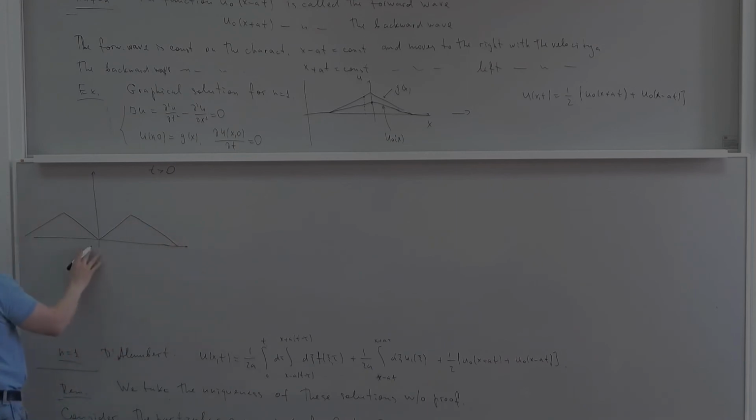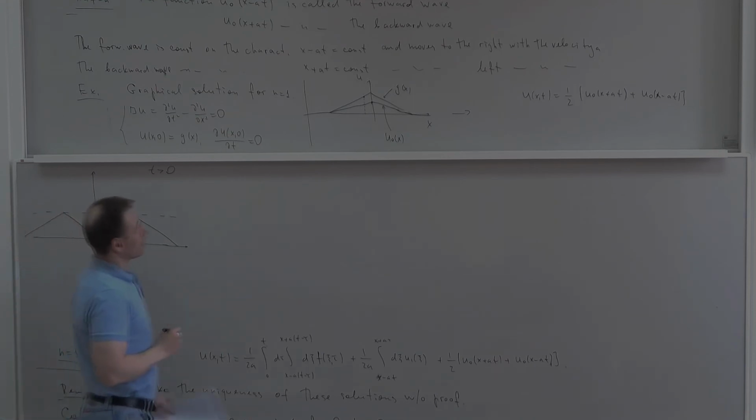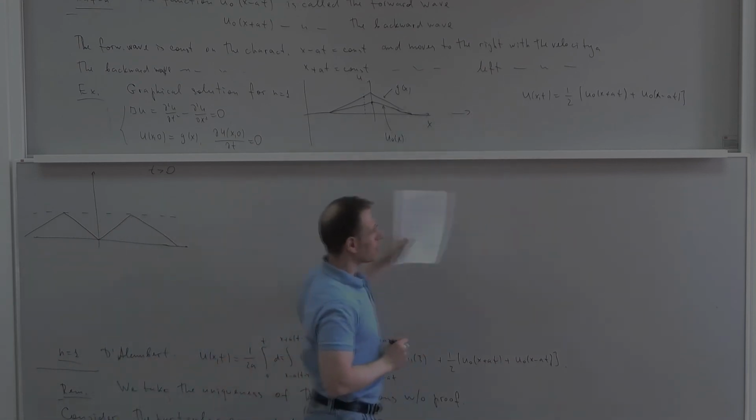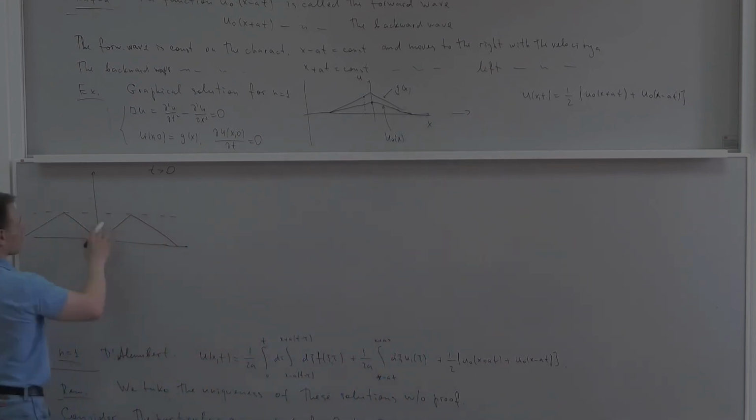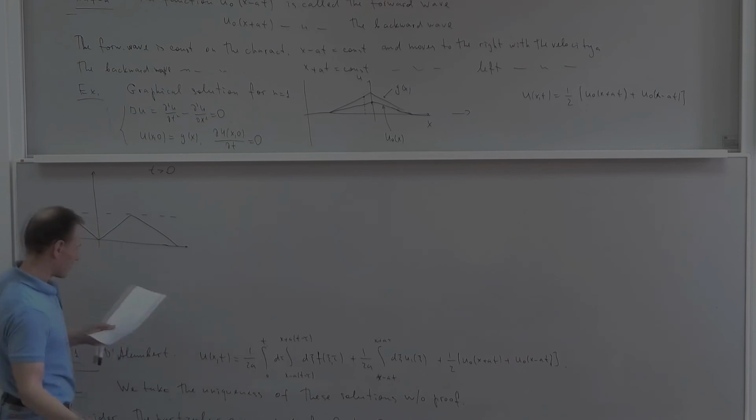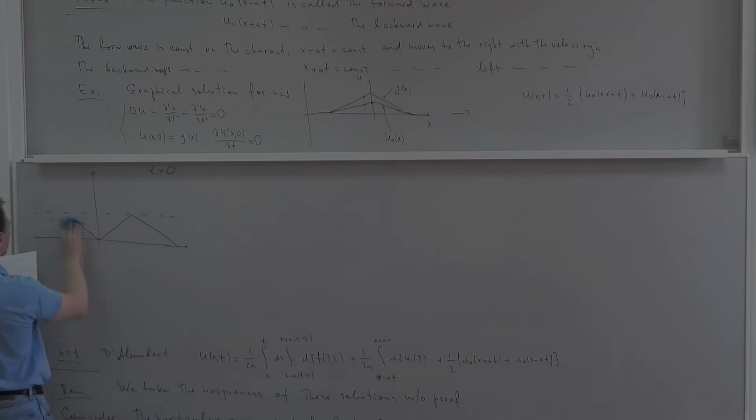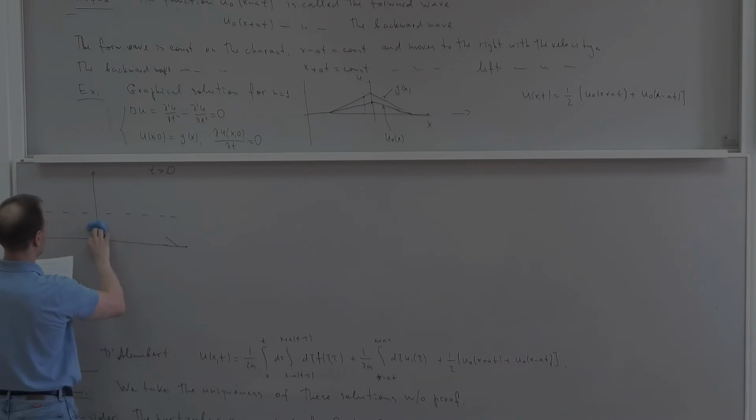I'm considering here the case when these two waves are in such a particular position. Then, in order to find the function u, one has to add these two plots graphically, and in this case, oh, this is some degenerate case. It's not so interesting. Let me consider another representation of such a form.